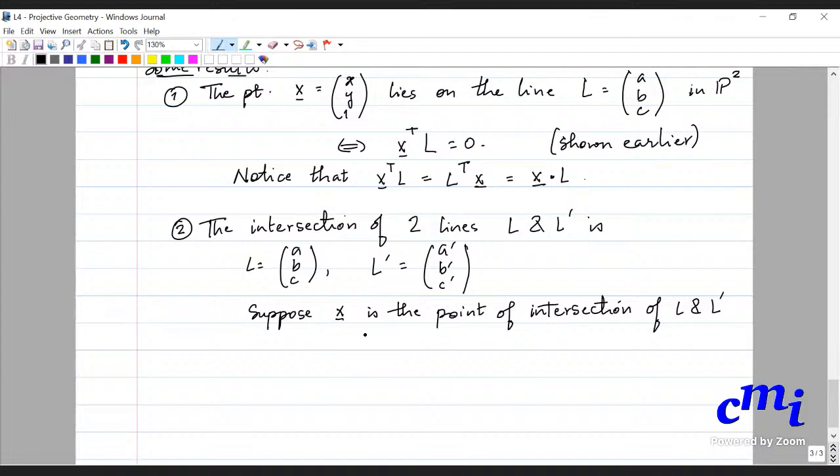Then what do we know? By this earlier notation, we know that x dot L is 0 and x dot L prime is 0.